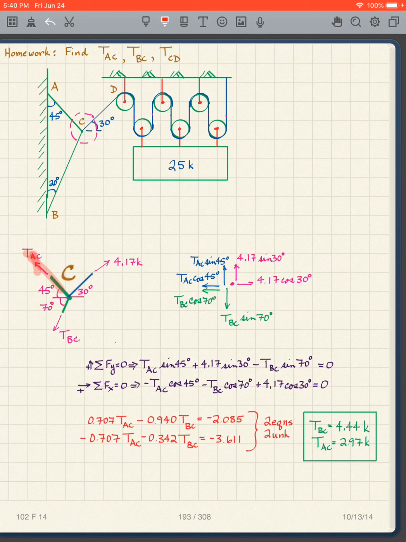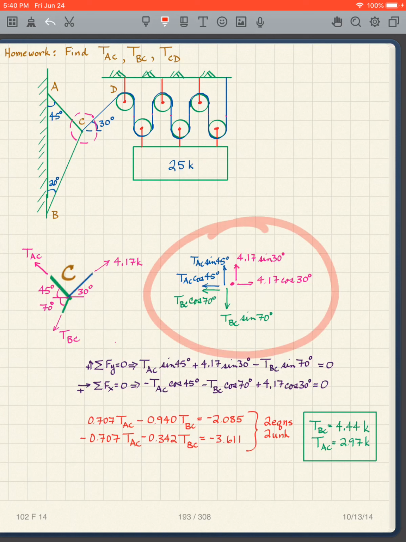So this is upward to the left, sine and cosine of 45 degrees. Downward to the left, sine and cosine of 70 degrees. Upward to the right, sine and cosine of 30 degrees.